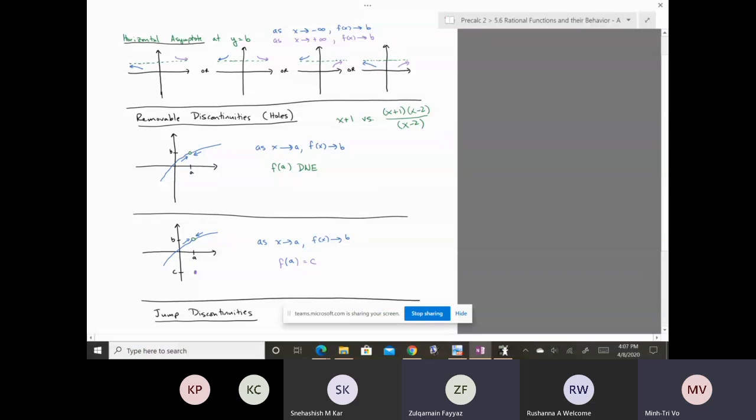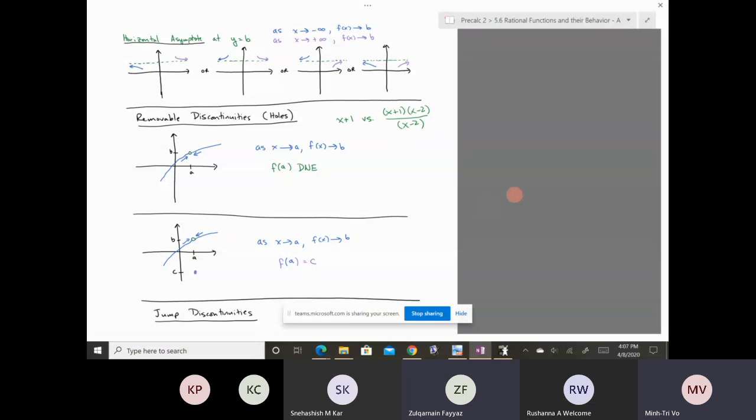Your immediate reaction might be to say that the 2 things are the same, because on the right you can cancel out the x minus 2, and then what you're left with is x plus 1. Your initial thought might be that they're the same, but they're not actually the same.